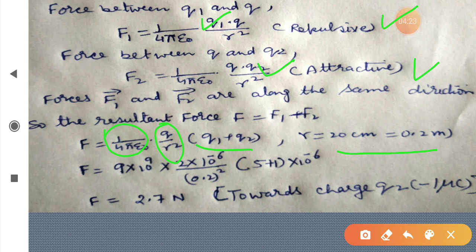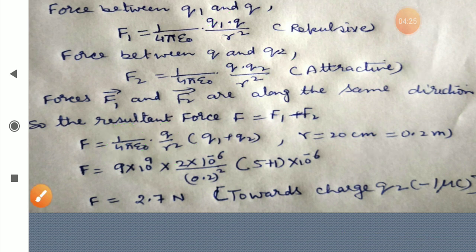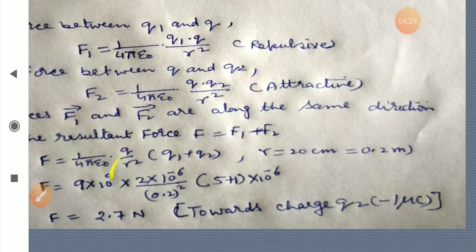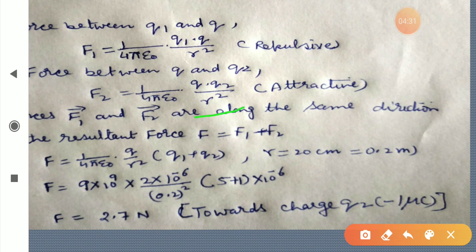Now putting all these values, the value of 1 upon 4 pi epsilon naught is 9 into 10 to the power 9. The value of Q is 2 micro, and you know that micro is 10 to the power minus 6. So 2 microcoulomb, 2 into 10 raised to the power minus 6. R is 0.2 meter, and it is 0.2 meter whole square.